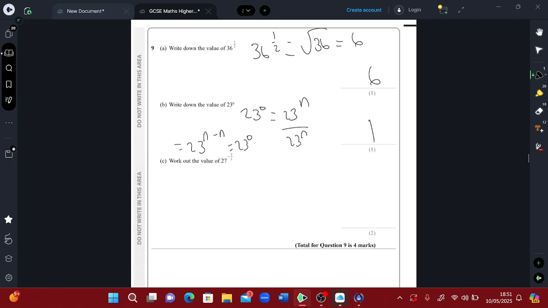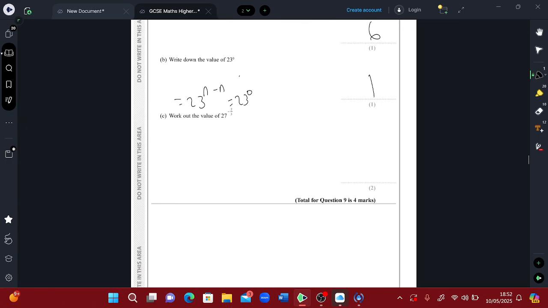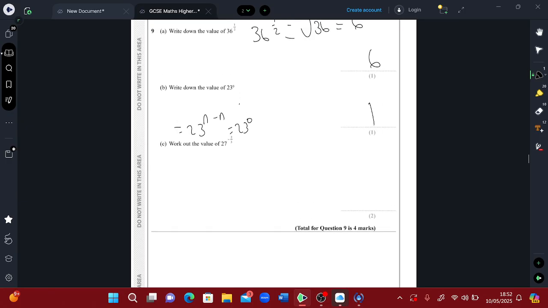So this is identical to this. But actually, if you divide two numbers that are the same, you get 1. So that's where that comes from. Okay. I should have left that there actually. But anyway, that's the reasoning behind that index law.